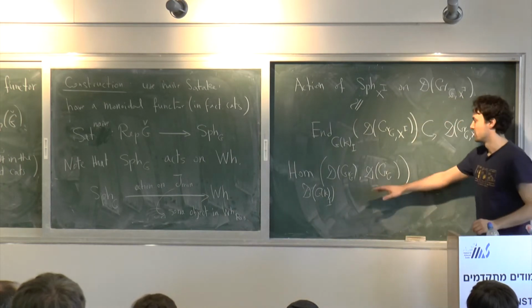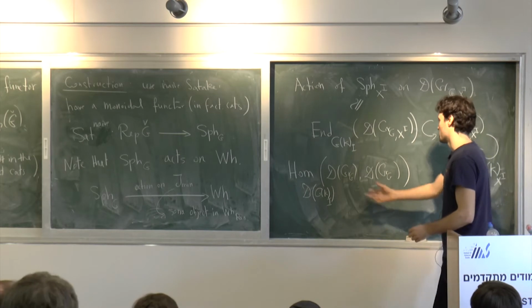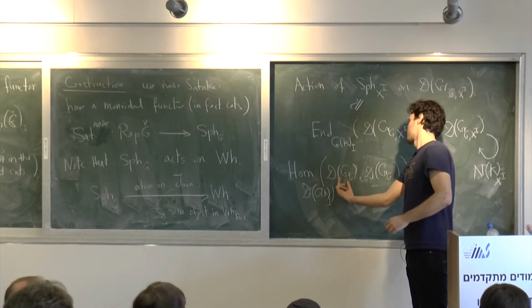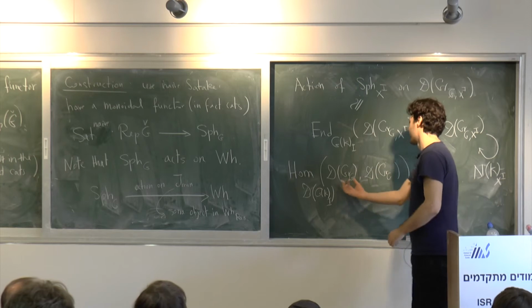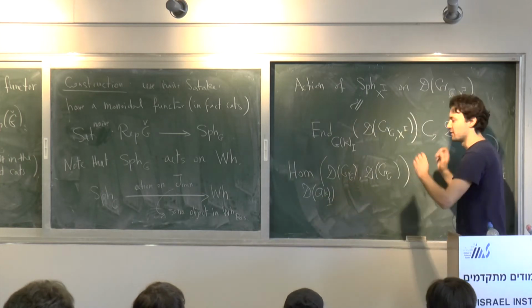It's not tautological that this is the spherical. So you need to use that this is dualizable as a module over this, and it will work.